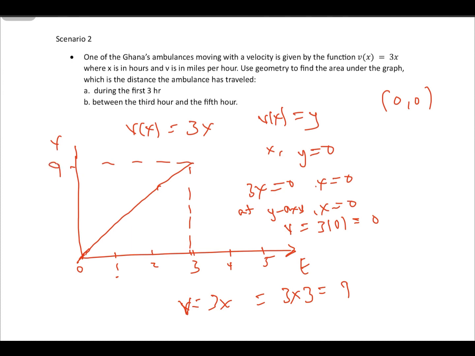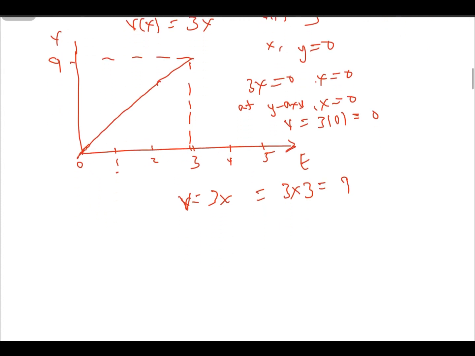Now we have 9 here, so we can see the figure is a triangle, and the area of a triangle is equal to half base times height. Our base here is 3 minus 0, which is 3, and our height is 9.